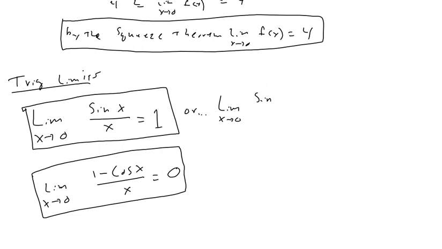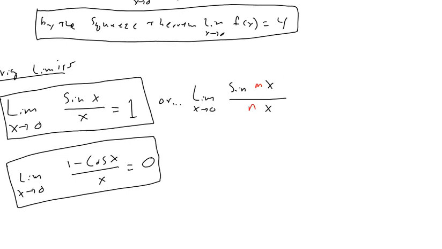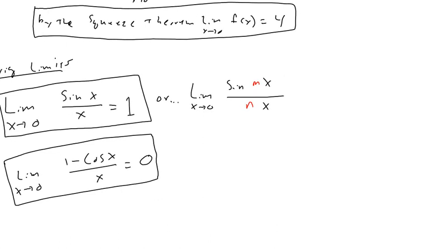So for example, if you do the limit as x approaches 0 of sine of, let's say, m x, some number in front of x, over some number n times x, whatever number you put in front of the x in the sine, whatever number you put in front of the x on the bottom, your answer is going to be m over n.